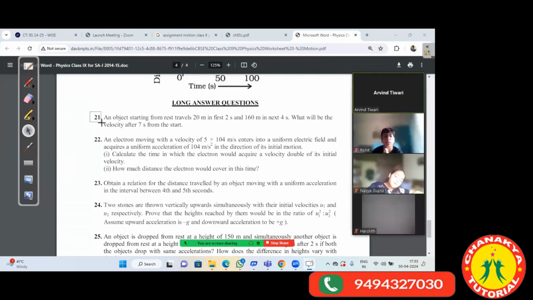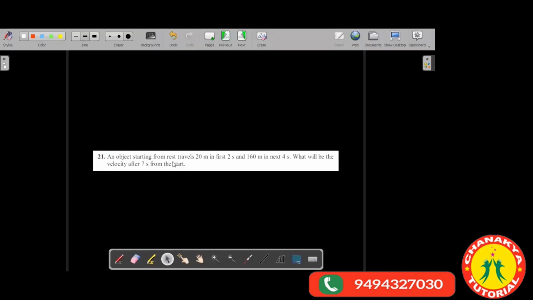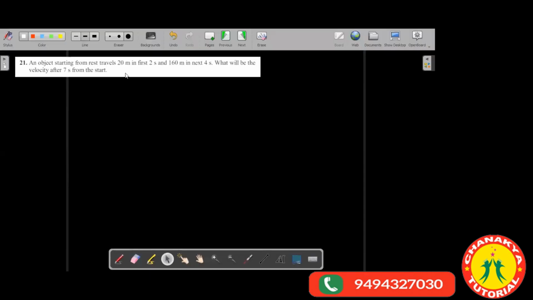We'll be doing question 21 and 22. An object starting from rest travels 20 meter in the first 2 seconds and 160 meter in the next 4 seconds. What will be the velocity after 7 seconds from the start?